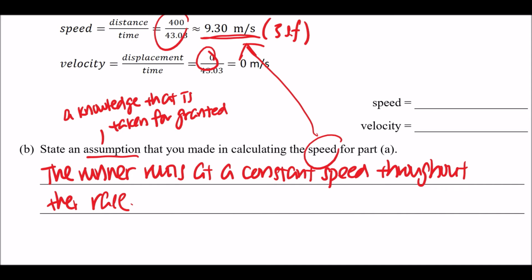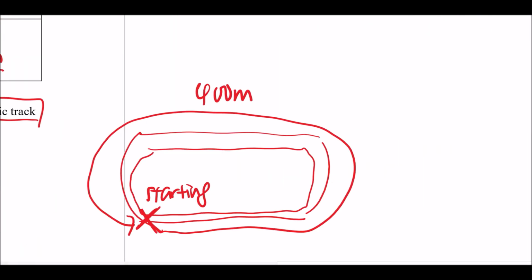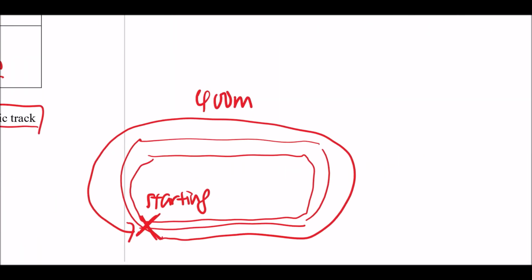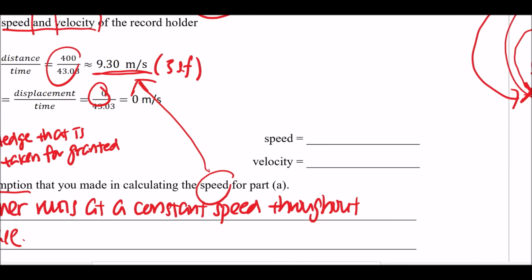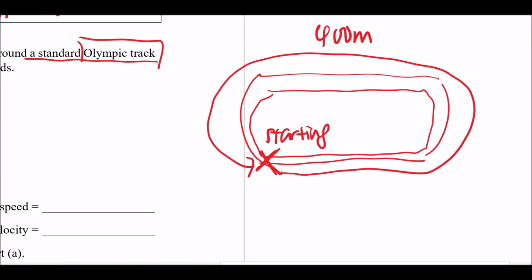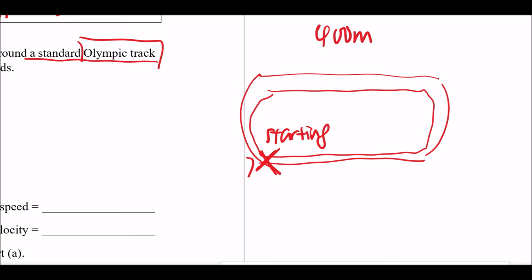But you and I both know that it is not realistic. It is not true, because if you look at the Olympic track, there is a bend. And anyone with experience running, especially sportsmen and women, would know that coming to this turn, you will actually slow down.